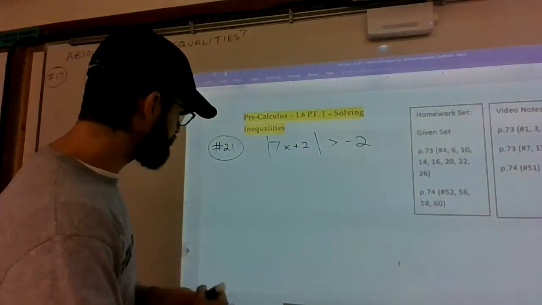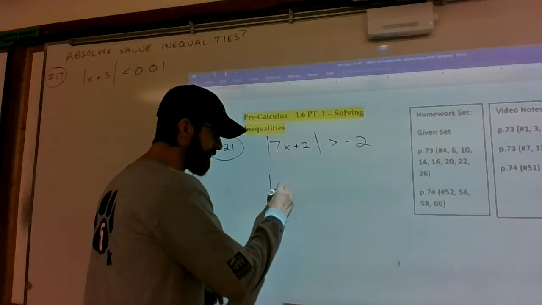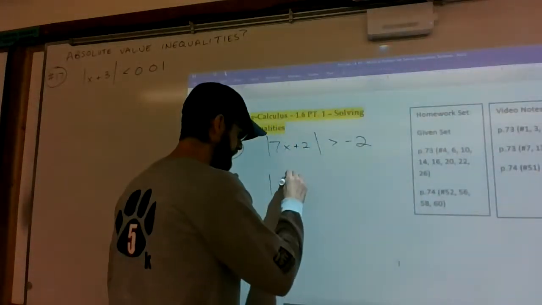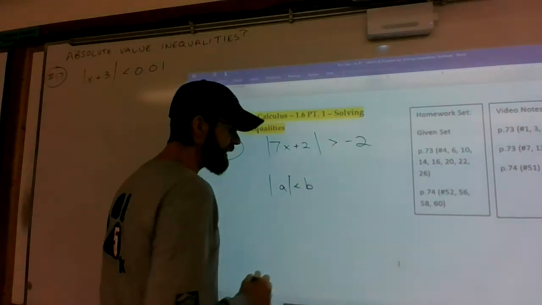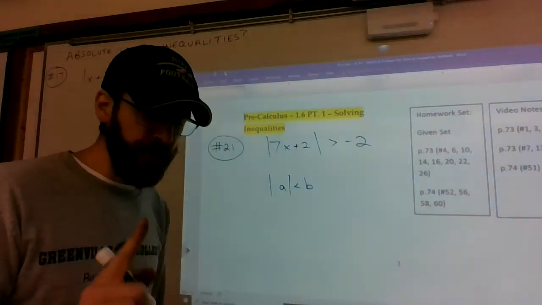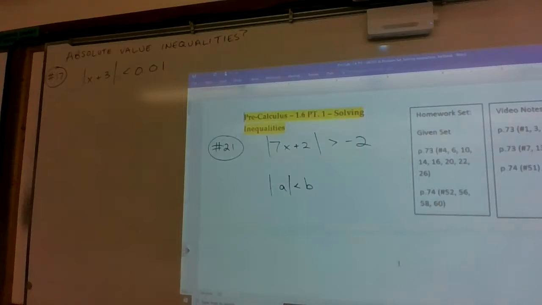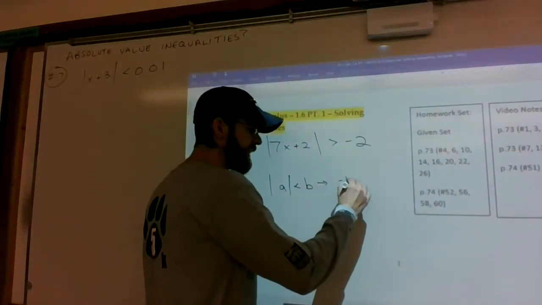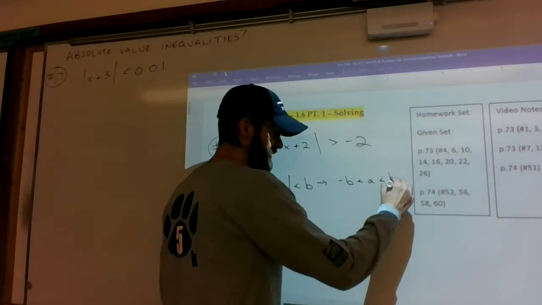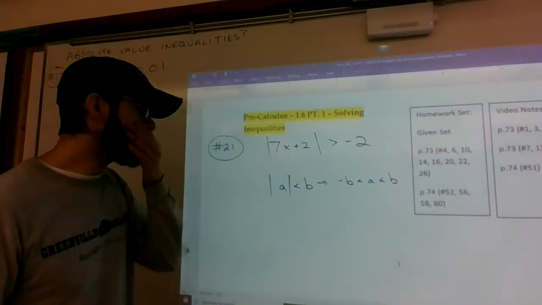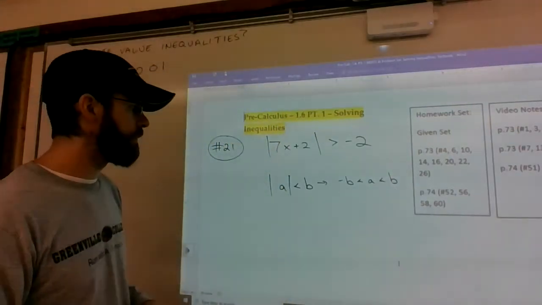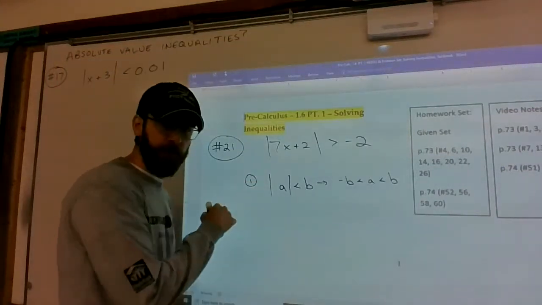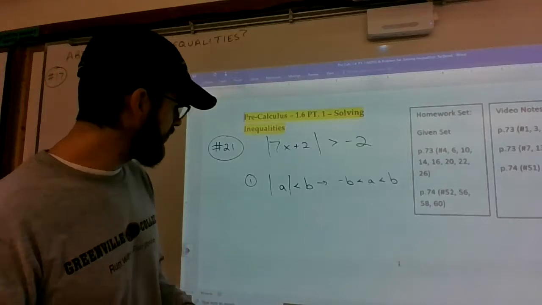They state the absolute value of A is less than B is equivalent to the statement negative B is less than A, which is less than B. So when you unpack that, this is sort of like their first little property of absolute value inequalities.